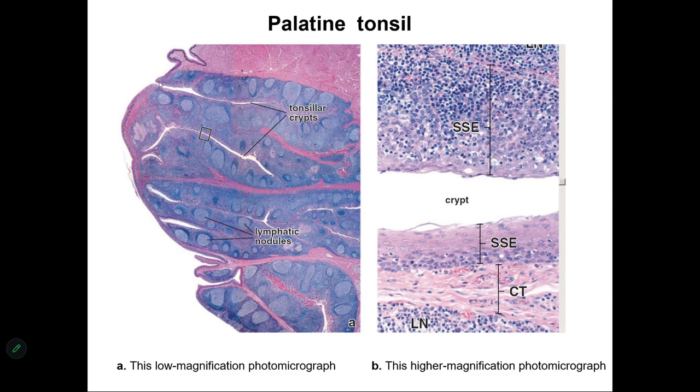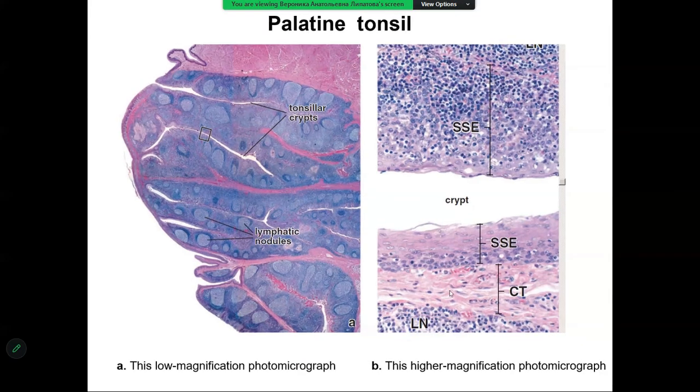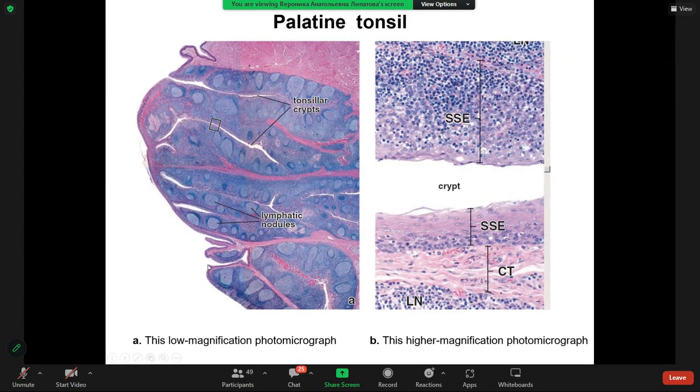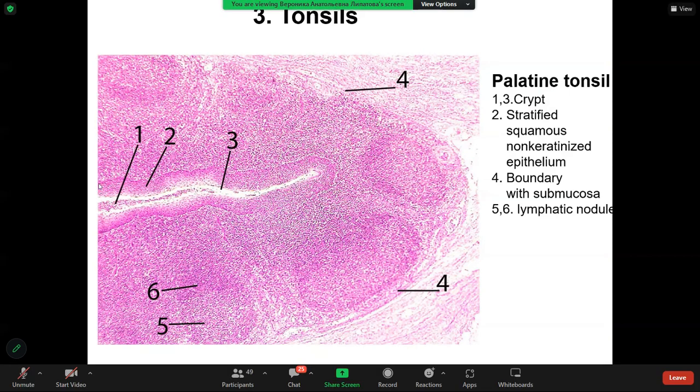For the tonsil, a very deep crypt is typical, a very narrow invagination. The crypt is lined with stratified squamous non-keratinized epithelium, typical for lining of the oral cavity and oropharynx. This is low magnification, this is high magnification. For the palatine tonsil, number one, typical is lining by stratified squamous non-keratinized epithelium.